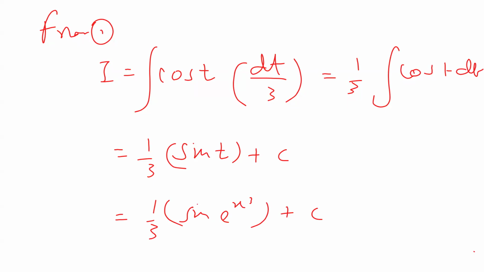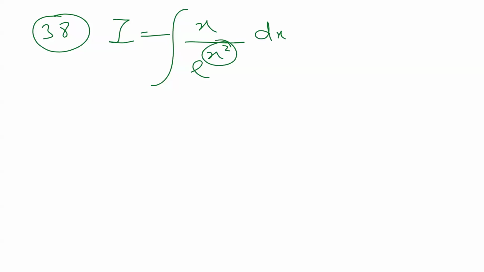Okay, one last problem, that is question number 38. Integration of x upon e raised to x square. Now derivative of x square is present in the problem, that is 2x. x, 2 is a constant.